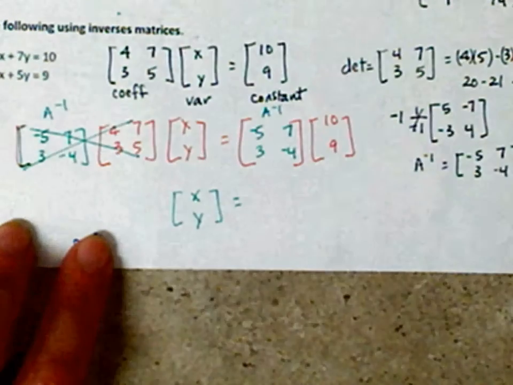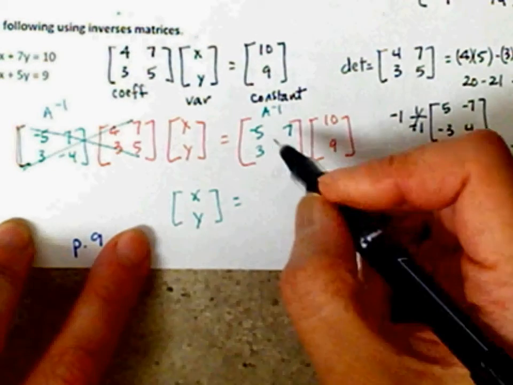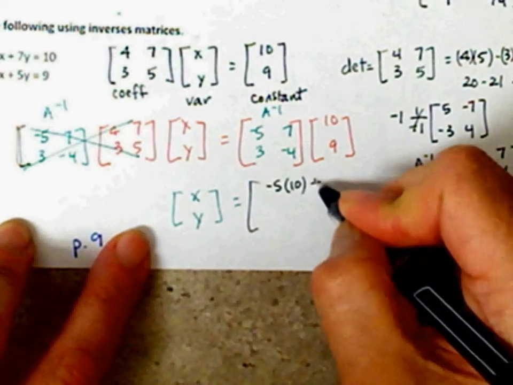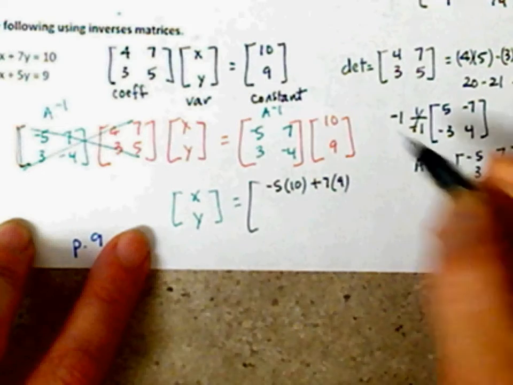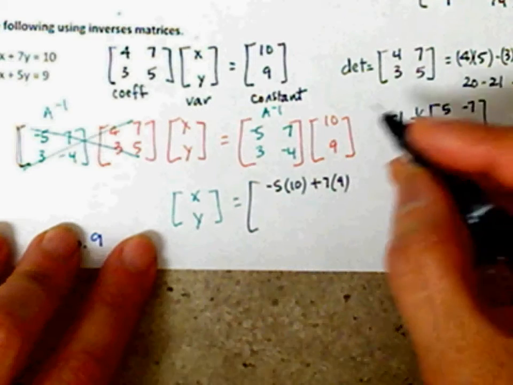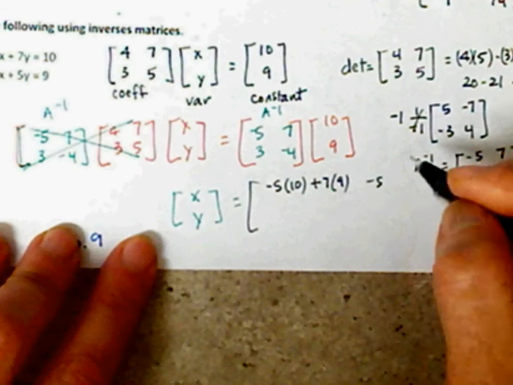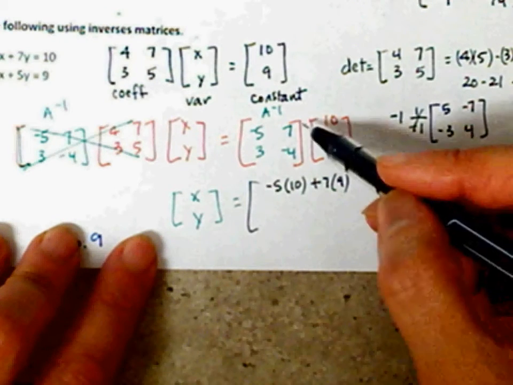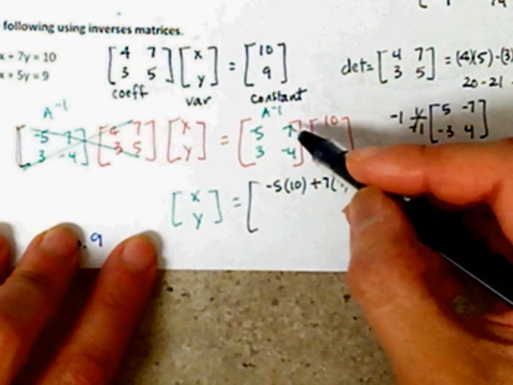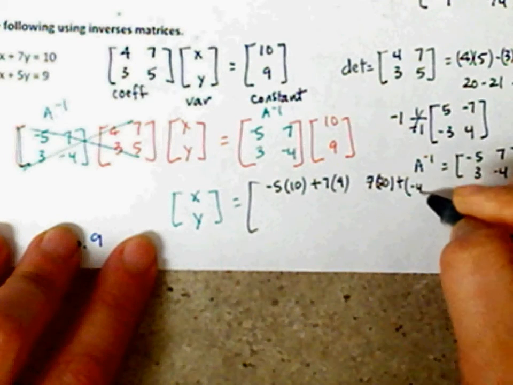And you're going to finish it. Well, how are you going to finish it? Like you've done your math forever, all right? So you're going to take negative 5 times 10 plus 7 times 9. First entry. Second entry, okay? Now you're going to take 7 times 10 plus negative 4 times 9.